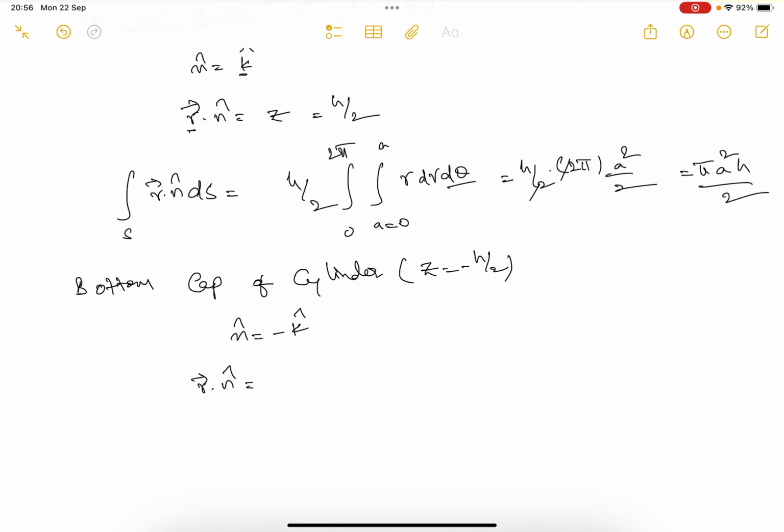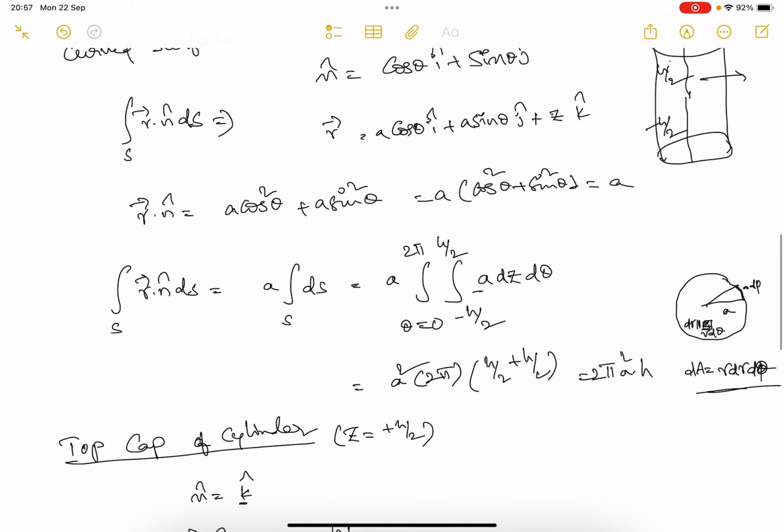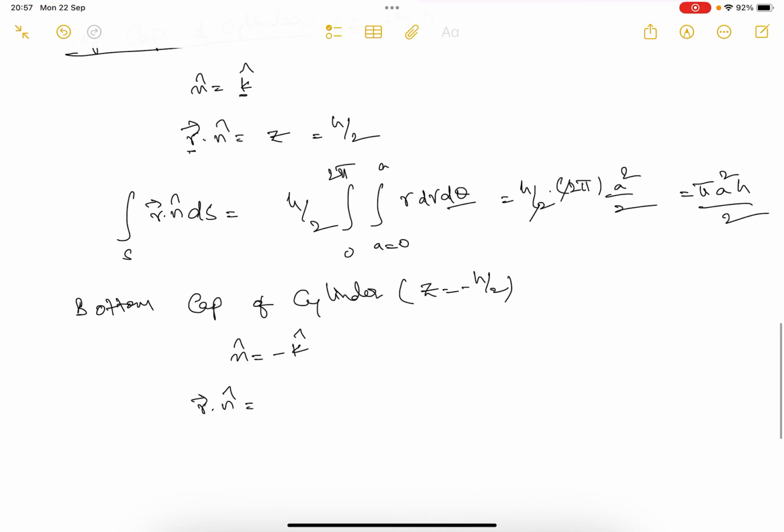Even here in the r bar case, the z component will be negative. Because n cap is minus k cap, only the z component of r bar will contribute, because this position vector is now in the downward direction, which is the negative z axis. Then this will be minus z, right?